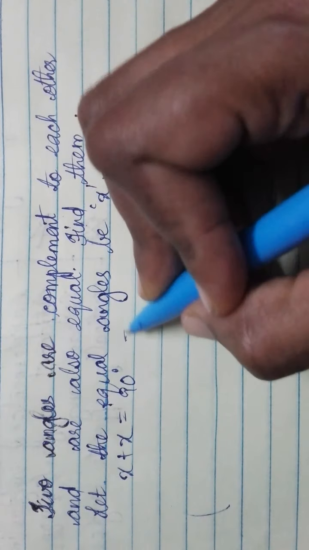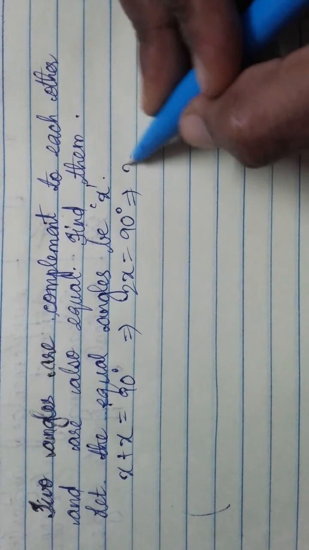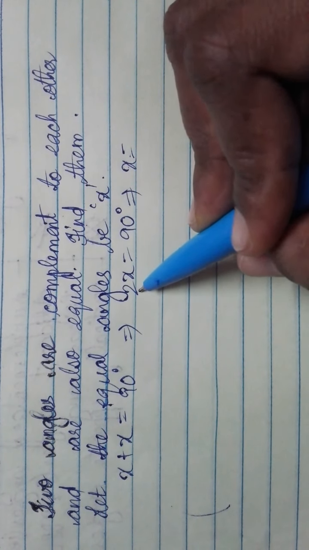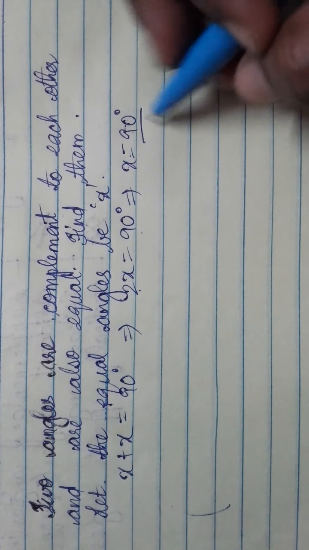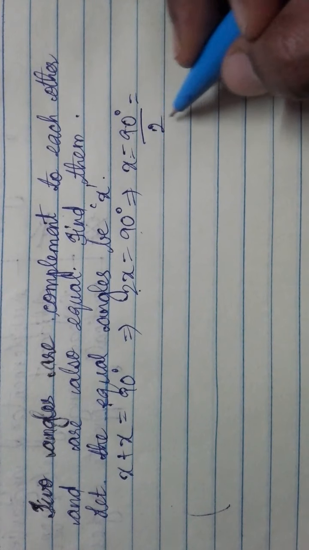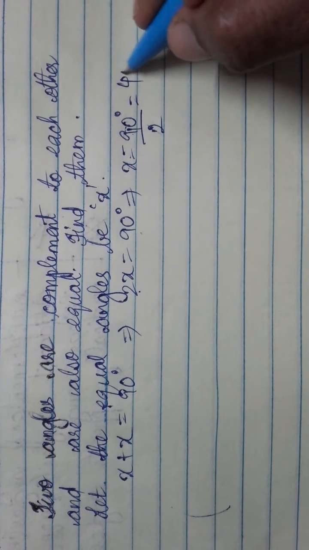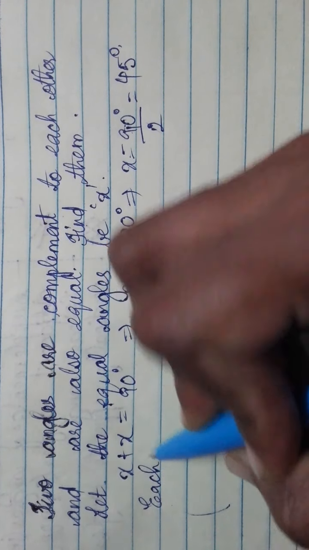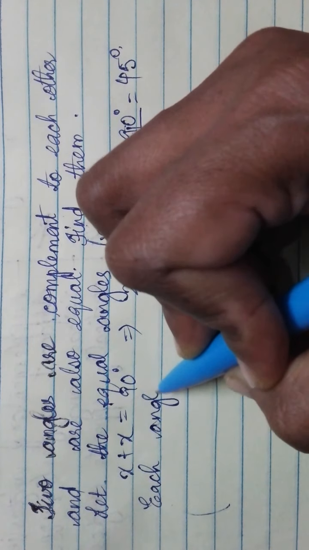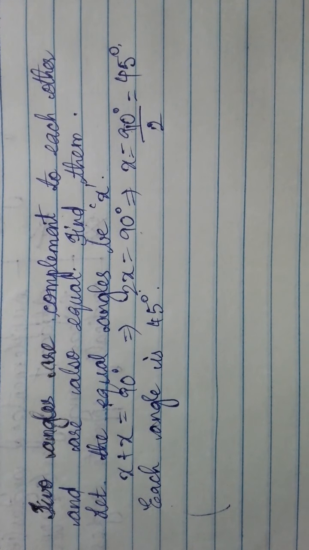Now x plus x is 2x. 2x is equal to 90 degrees, which implies x is equal to 90 divided by 2. When it is transposed to the other side, multiplication becomes division. So 90 divided by 2: 2 fours are 8, 1 is the remainder, 2 fives are 10. So each angle is 45 degrees. Understood this, children? Copy in your homework books.